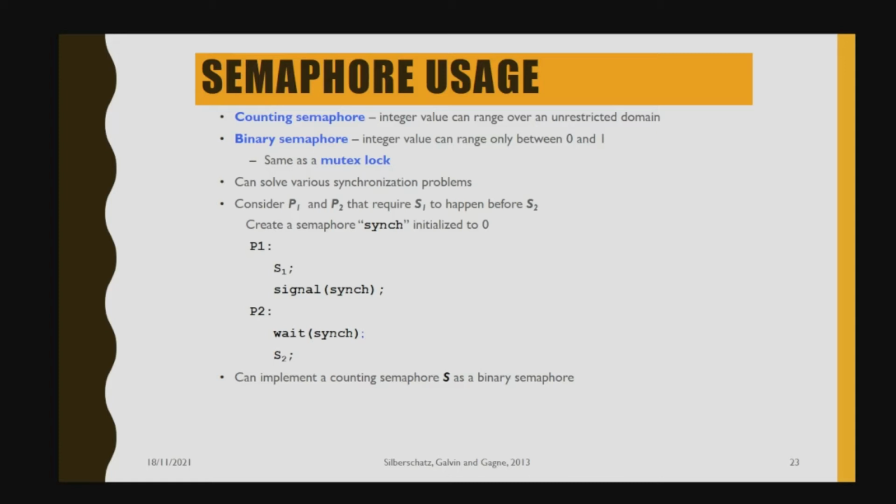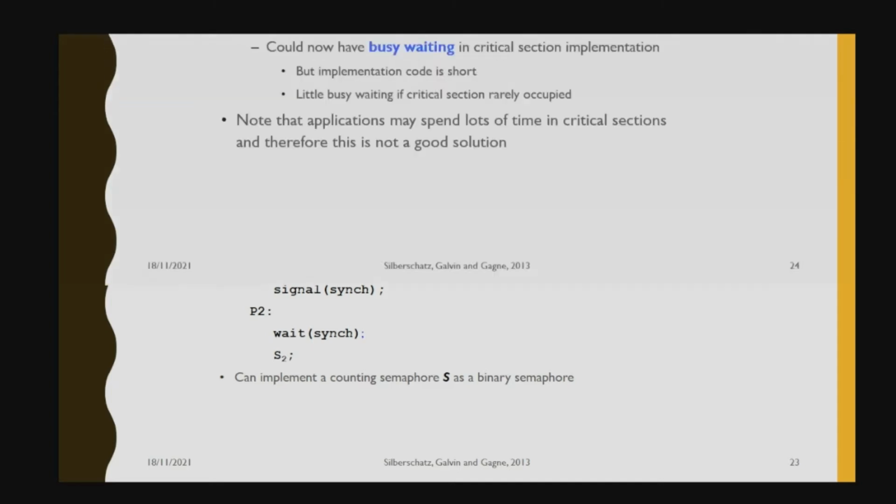Process 1 executes S1 and then signals synchronization, and process 2 waits for synchronization before executing S2. This can be implemented as a counting semaphore or as a binary semaphore. So we have two options: we can use the integer one, and we can also use the binary value.